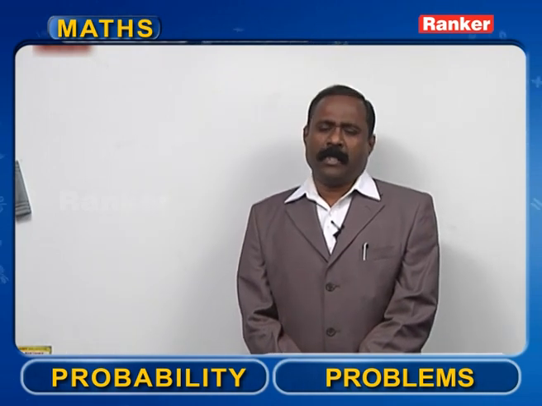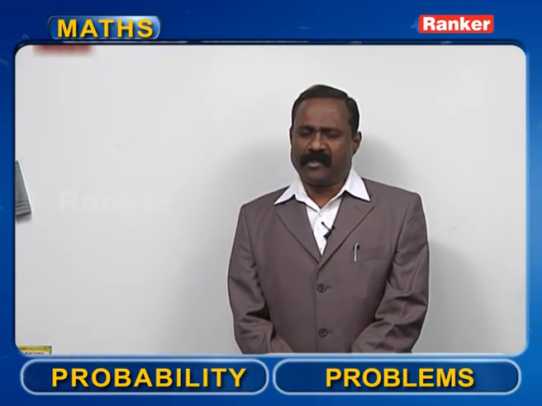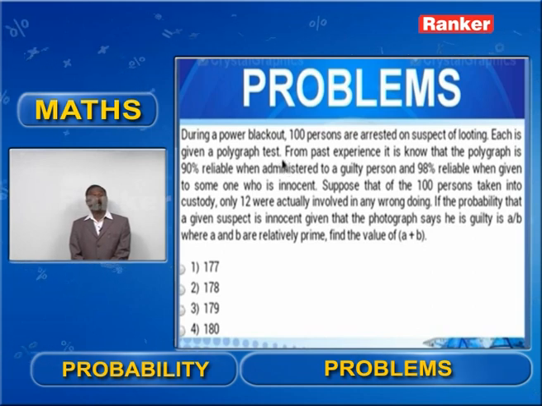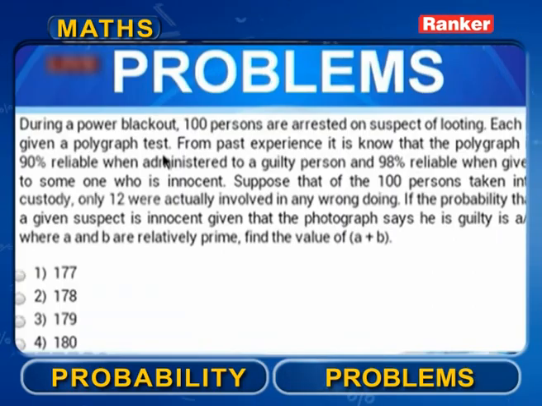The problem is, during a power blackout, 100 persons are arrested on suspicion of looting. Each is given a polygraph test. You might know the polygraph test. In a Telugu movie, if you remember Brahmanandam and Ali, a polygraph is used.